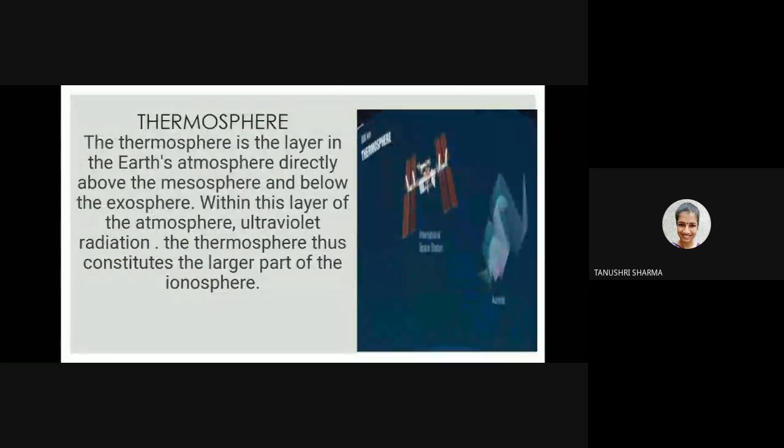The second last layer is the thermosphere. The thermosphere is the layer in the Earth's atmosphere directly above the mesosphere and below the exosphere. Within this layer, ultraviolet radiation acts; the thermosphere thus constitutes the large part of the ionosphere.